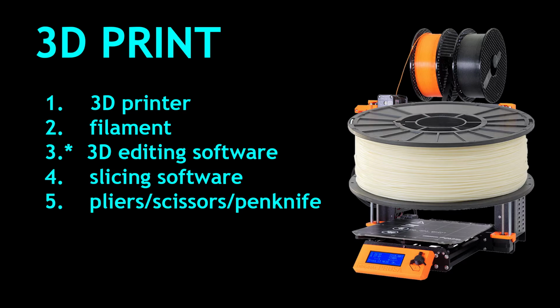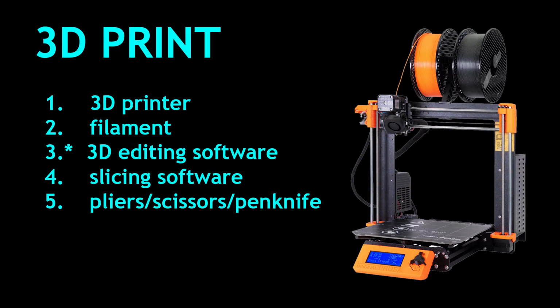And then you'll need the slicing software. You'll need some 3D editing software maybe. And finally, to clean up the print, you'll need some elbow grease using pliers, scissors, a penknife, whatever you have at hand.